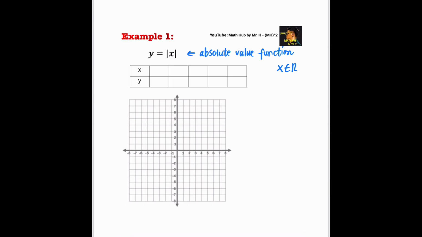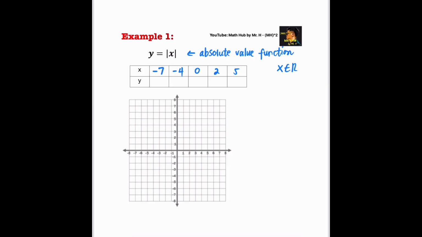Whether you put in negative numbers or 0 or positive, you will always get an answer that is a real number. So for this example, I would like to pick and assign values for x: negative 7, negative 4, 0, positive 2, and positive 5.